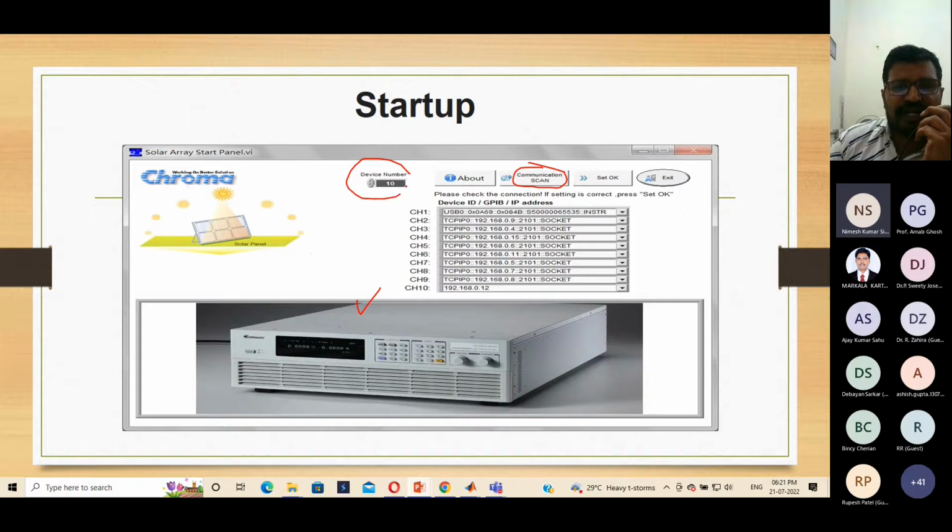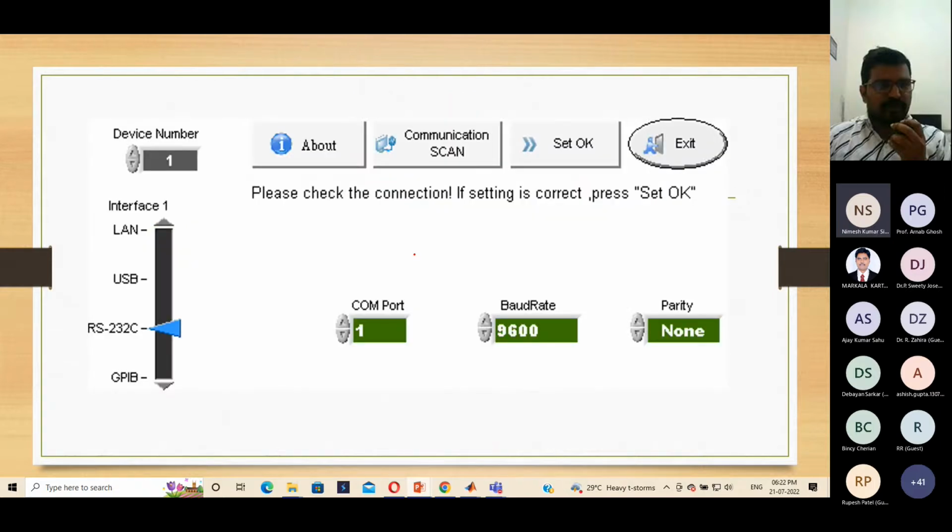Again here you have a device number. Up to 10 programmable DC power supplies can be connected, so you can select which channel you have connected the system to, and highlight this part. Once you have connected through a medium of interface, it will show an arrow like this.